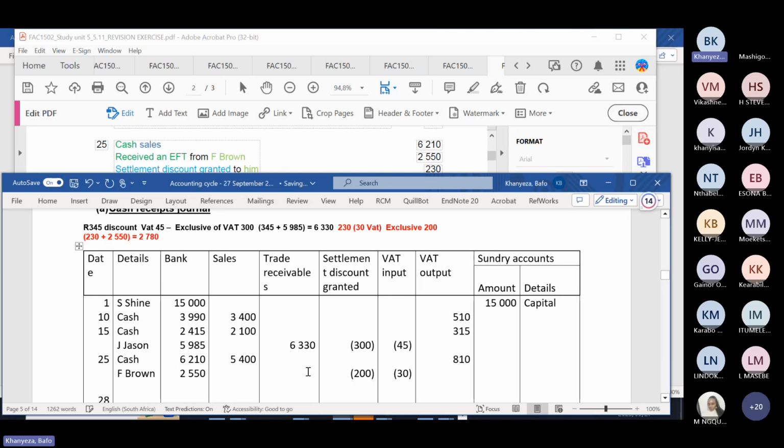So the debt of F Brown is going to reduce with 2780.